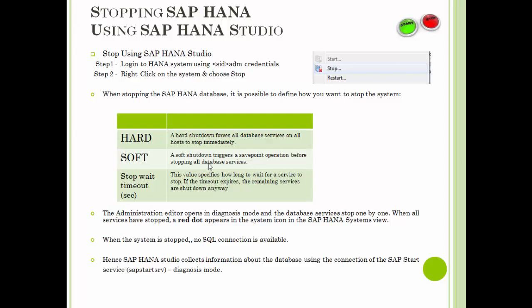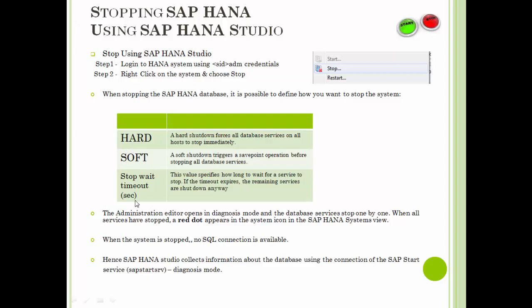Though the save point is not scheduled to run at that time, if we choose soft mode, a save point operation will be run before the shutdown of the database. So we have a consistent save point data before the stop. Unlike hard mode, soft mode will ensure consistent data before the stop.